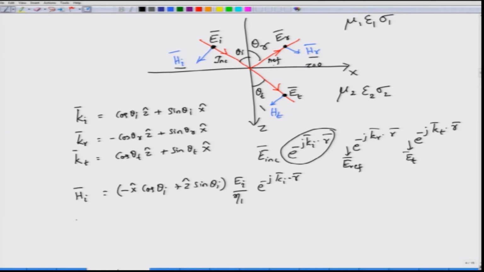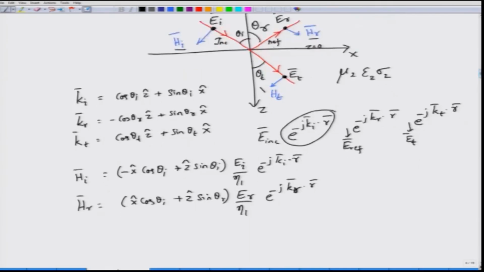Okay. And similarly, you will have H_r given by x hat cos theta_i, you can see the angles from the figure, plus z hat sin theta_r, E_r divided by eta_1, e to the power minus j k_r dot r.